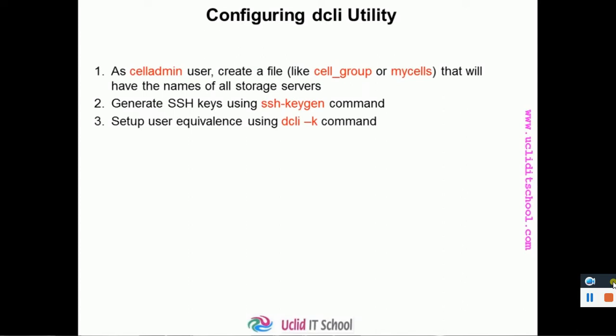On every cell we have an account called cellmonitor and celladmin. Now I want to configure dcli for the celladmin account on storage servers. First you need to log in as the celladmin user and create a file. That file can be given any name, but the standard name is cell_group.